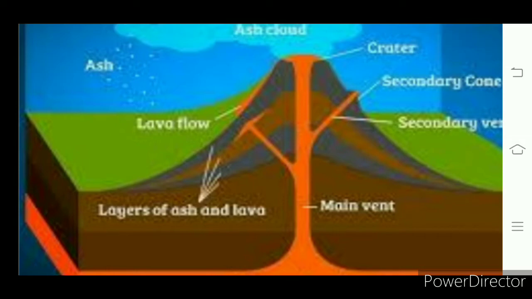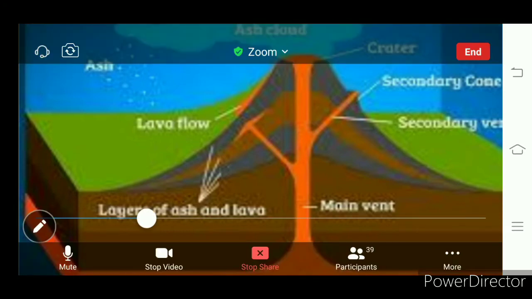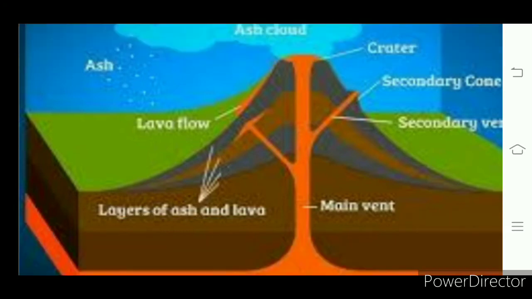So hot molten material, when it erupts out, due to the low temperature on the earth's surface becomes cool and forms a solid rock, that is what we call igneous rocks.